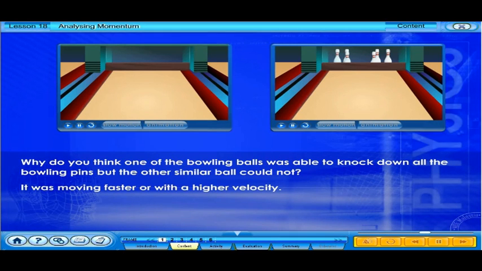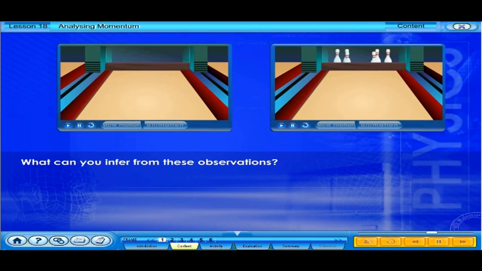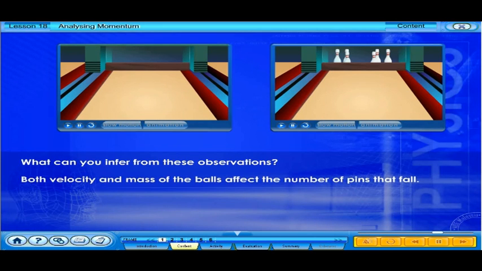It was moving faster or with a higher velocity. What can you infer from these observations? We can conclude that both velocity and mass of the balls affect the number of pins that fall.